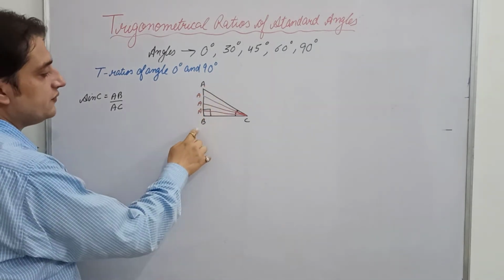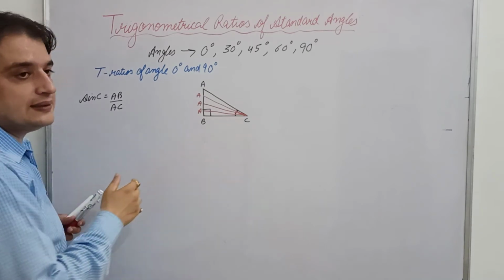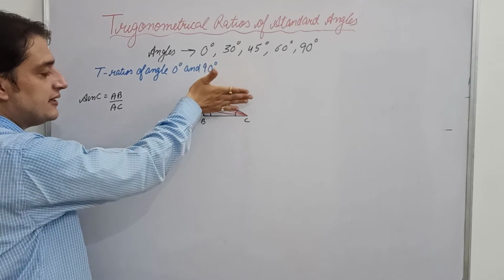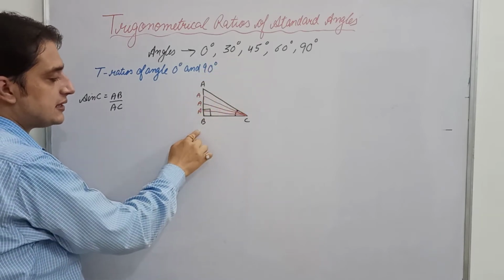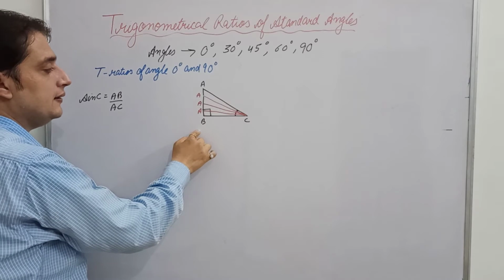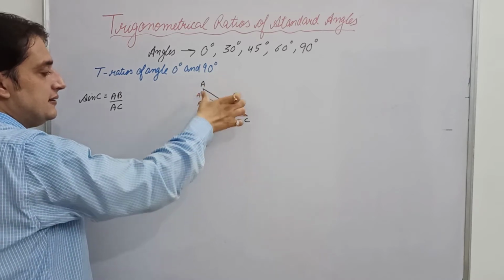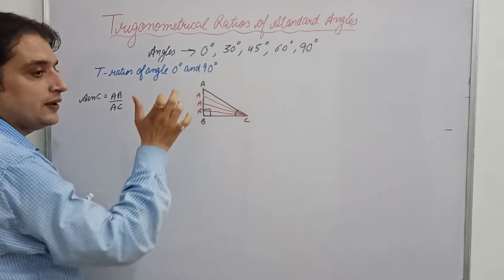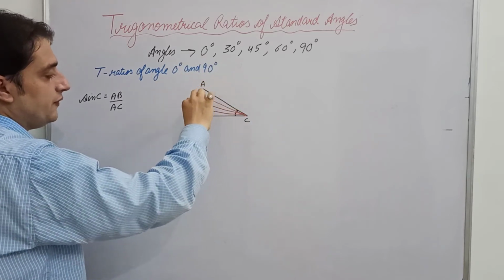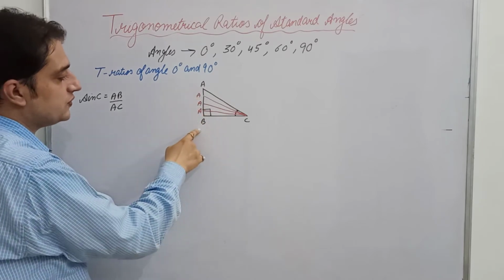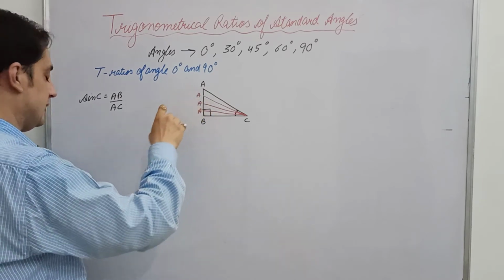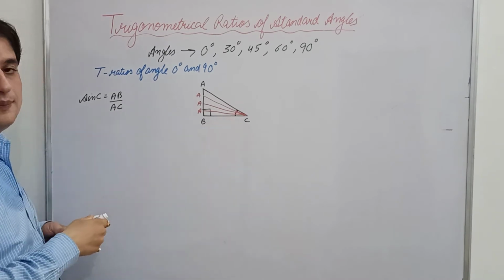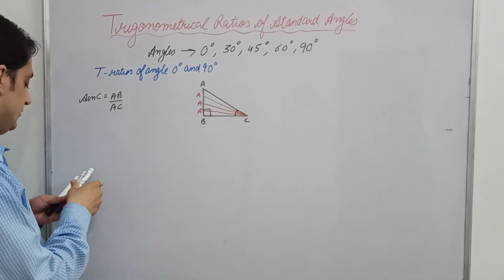When A coincides with B, then the angle C at that time is equal to 0 degree, because the angle starts decreasing. And when A coincides with B, this length AC overlaps with BC, meaning the length of BC is equal to the length of AC, and the length of AB is 0. In that case, the angle C becomes 0 degree, right?